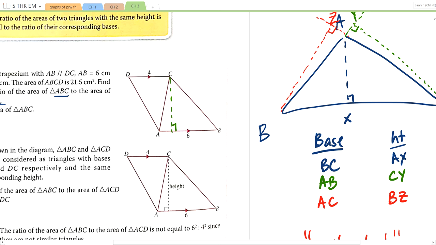Let me transfer this green line over to this side. Are they the same? Do they have the same length? Yeah, they do. You must be able to realize that these two have the same height, and these two triangles have a common height.